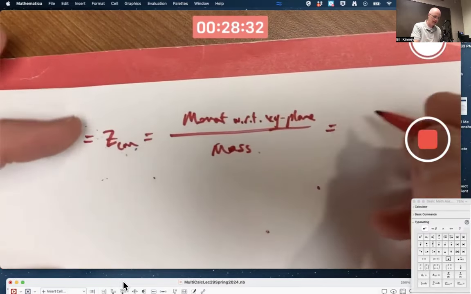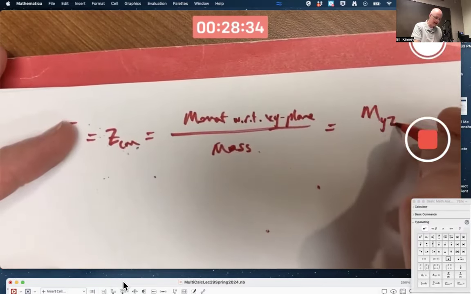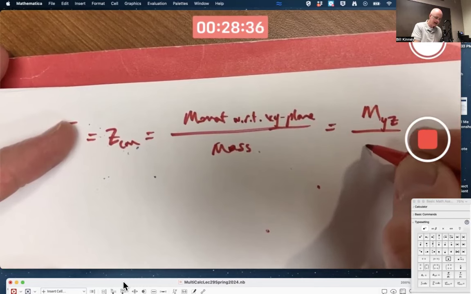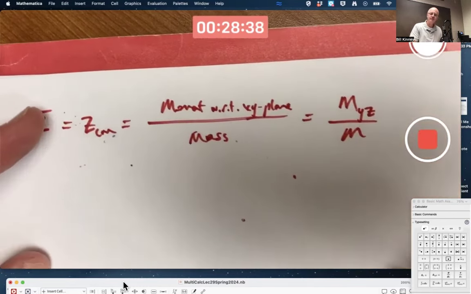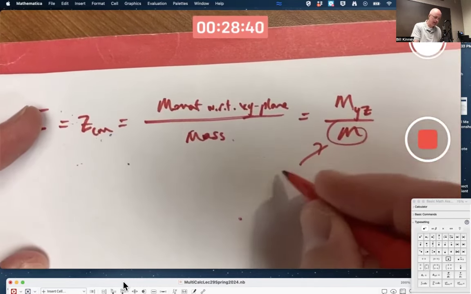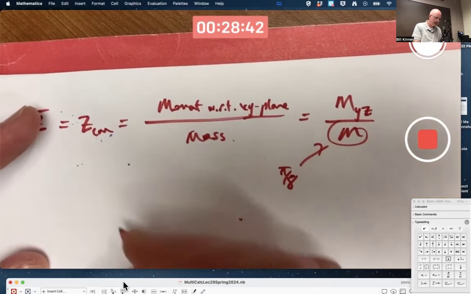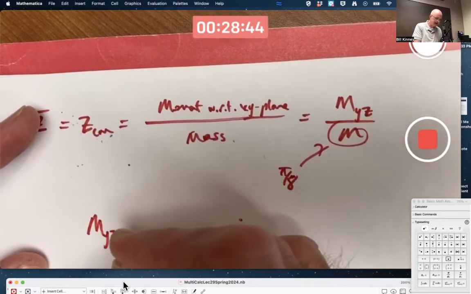Symbolically, the moment was represented m sub yz, and the mass by just an m, say. We found the mass to be pi/8. What about the moment?